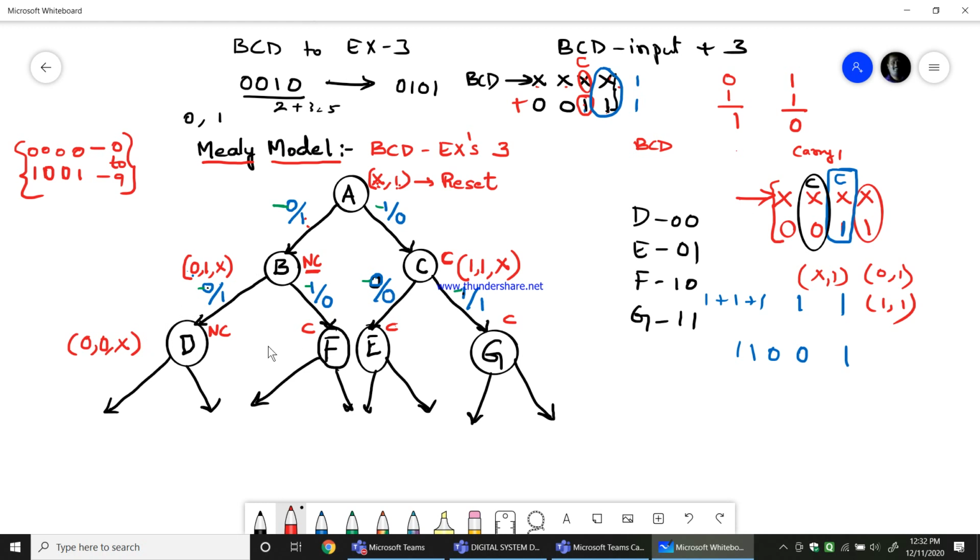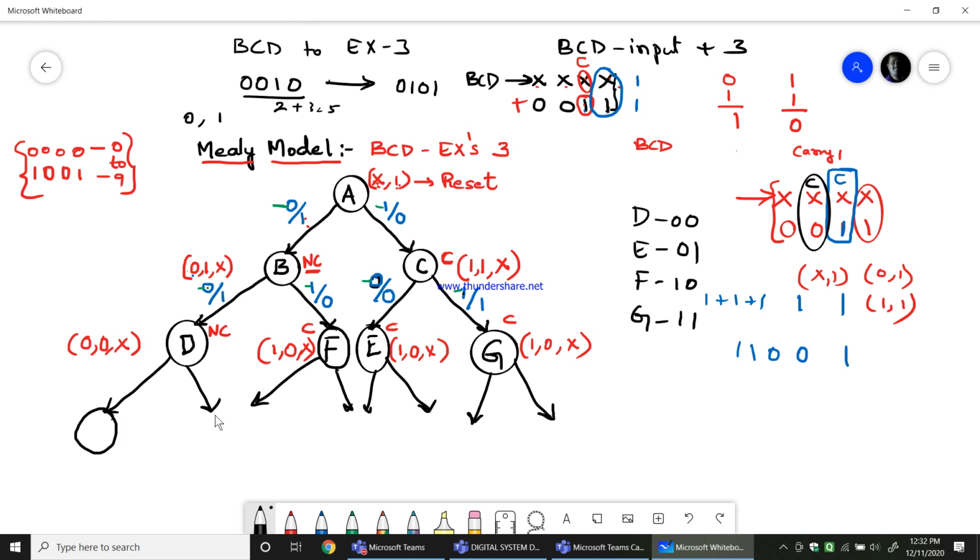Similarly here, the initial carry is 1, adding with 0 and then the input X. So here again, initial carry is 1 adding with 0 and the input is X. So let us see now what states we get.